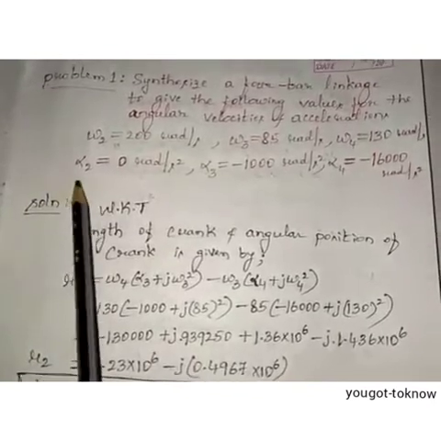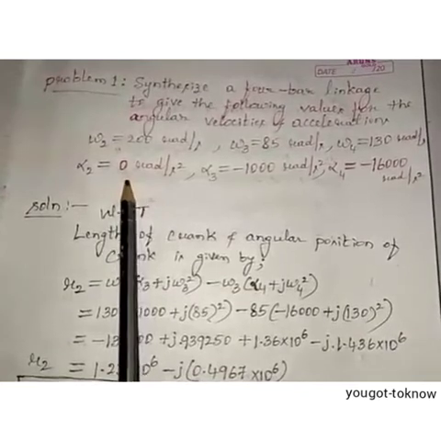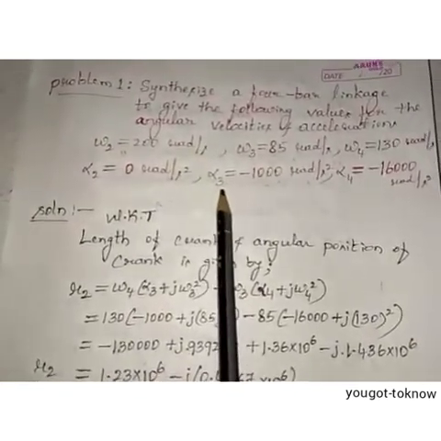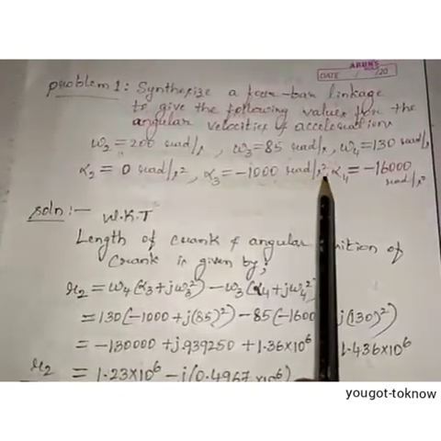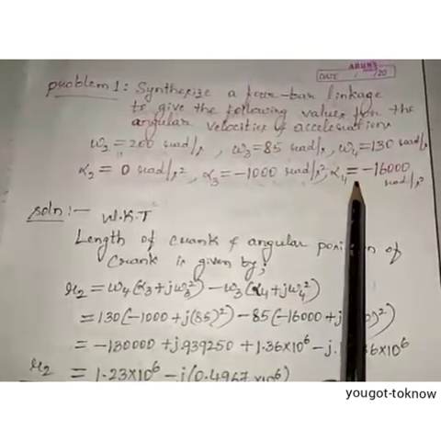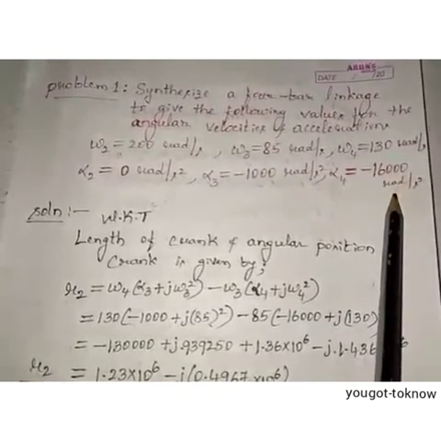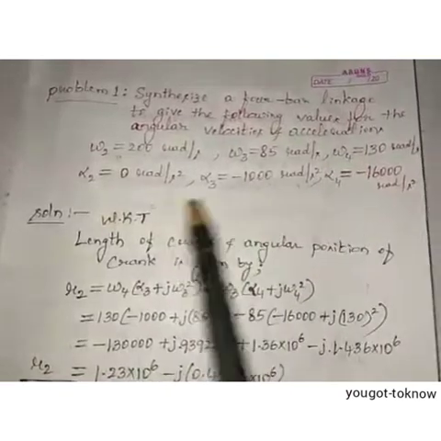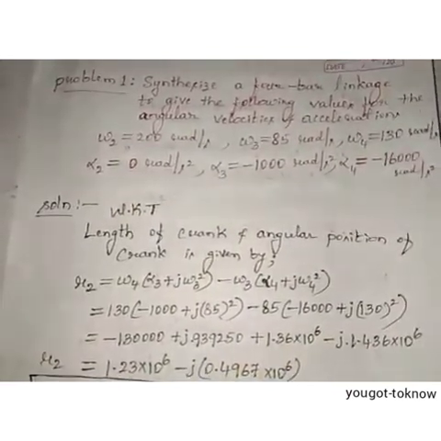Similarly, angular acceleration of link 2 is 0 radians per second square, angular acceleration of link 3 is minus 1000 radians per second square and angular acceleration of link 4 is negative 16,000 radians per second square. Using these values, how to find the length of the links for this linkage?